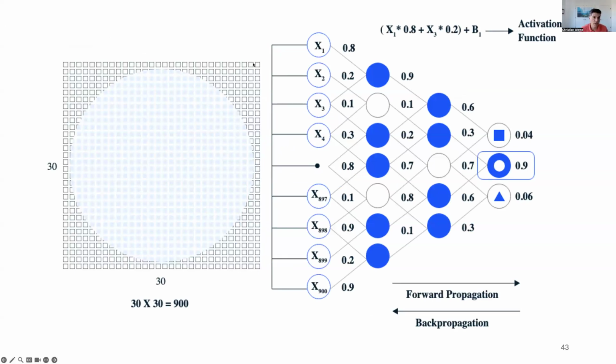Imagine you have a 30 by 30 grid, and you want to recognize the object, whether it's a circle, a square, or a triangle. So you have 900 pixels as inputs, and the system basically then combines these in successive fashion to identify what the right object is.